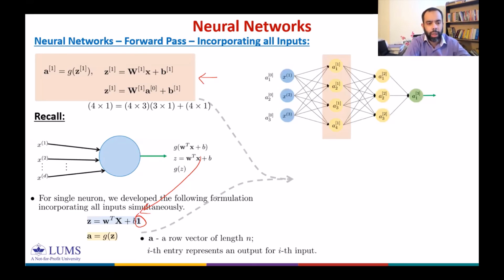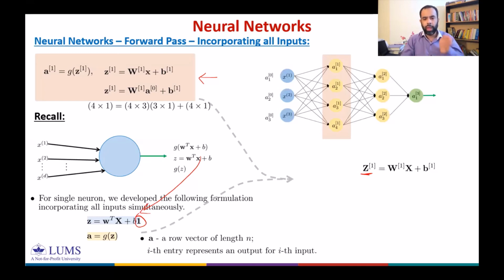Similarly, we can define a matrix Z1. Z was a vector that has the pre-activation output for one input, but for all the nodes. But now Z is a matrix.